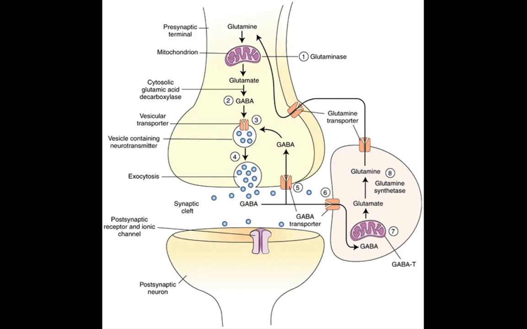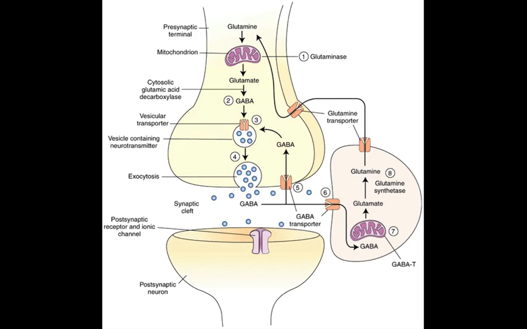Let's look at the general mechanism here. Once again, it's very similar to the cholinergic synapse mechanism. In step 1, we're using the mitochondrial enzyme glutaminase to convert glutamine to glutamate.